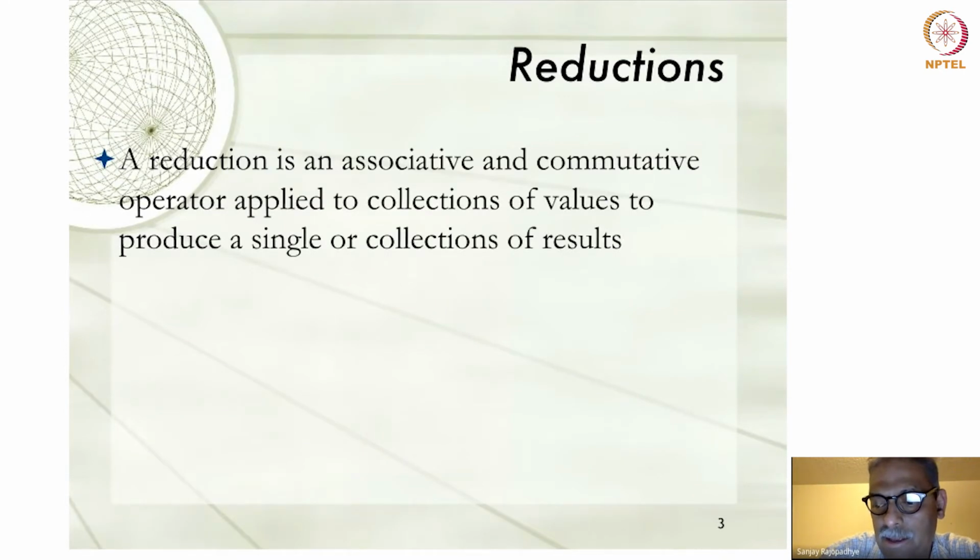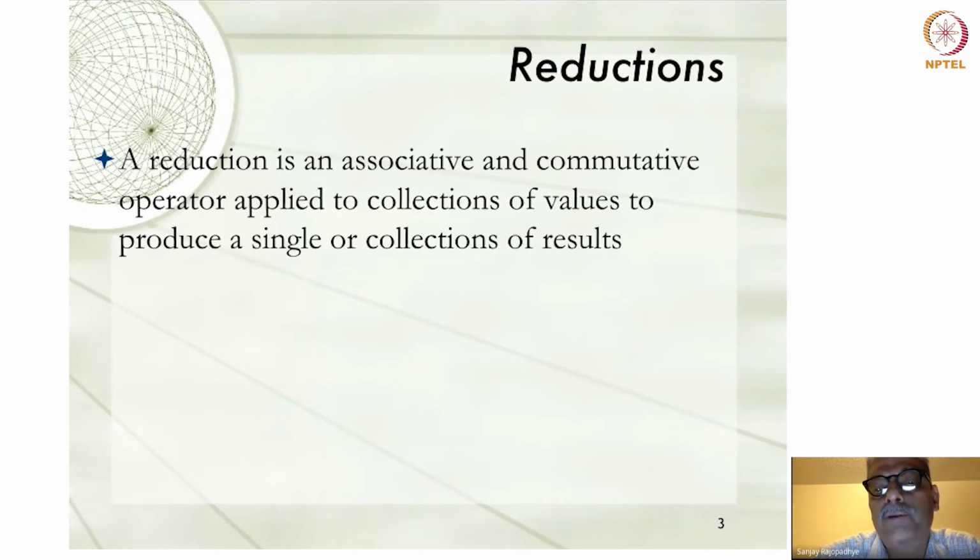So what is a reduction? A reduction is an associative and commutative operator. It doesn't have to be commutative, but in the examples that we are looking at, they almost always happen to be commutative. It's not a requirement. It has to be an associative operator.